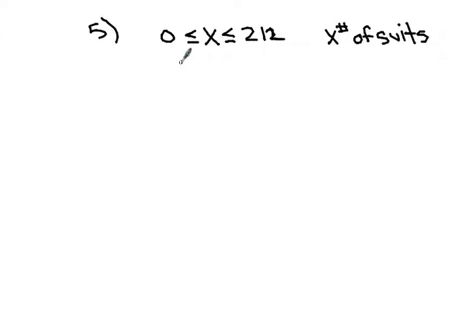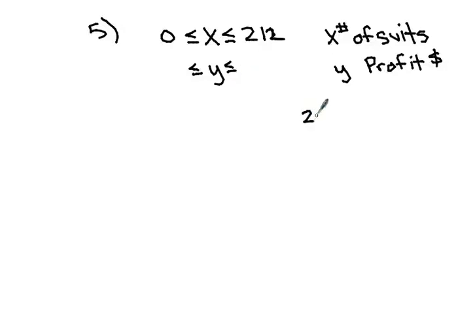Next piece. What's my range? Y is going to be the profit, basically, so how much money we can make. How much money can I make, Andrew? 7,000. How did you come up with that? Take 212 by 35. Good.